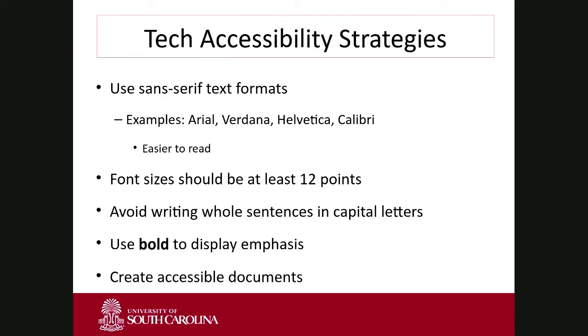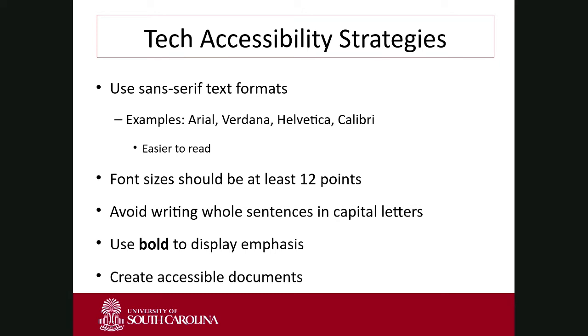So in terms of technical accessibility, just a few things to go over in terms of universal access and design. One thing that we can do in the virtual environment immediately is to provide accessible documents. And there's several different ways to do this.